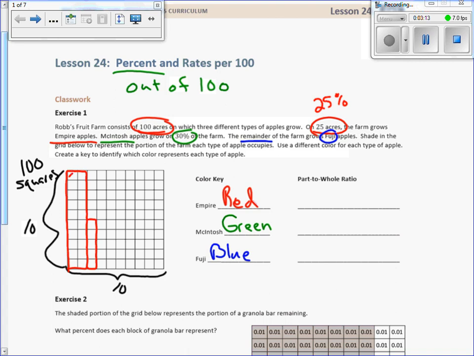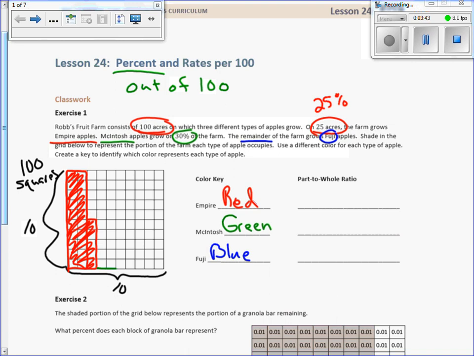So I shade in all of this. Those are Empire apples. Now we'll do Macintosh in green. Macintosh is 30% of the farm, so that's 30 squares.